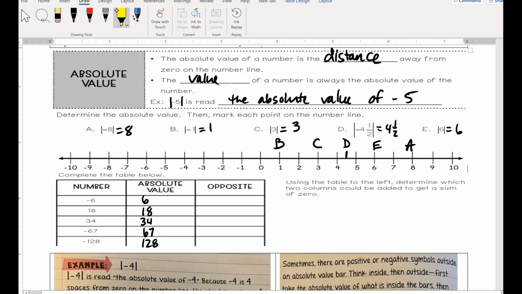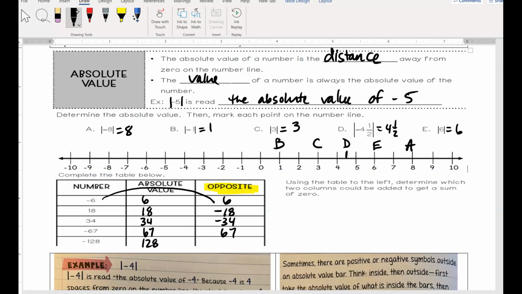Now, absolute value is different from the opposite of a number. The opposite of a number is saying, hey, if I'm -6, I'm actually 6. The opposite of 18 is -18. The opposite of 34 is -34. The opposite of -67 is 67.